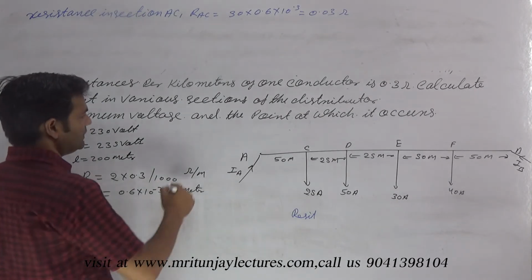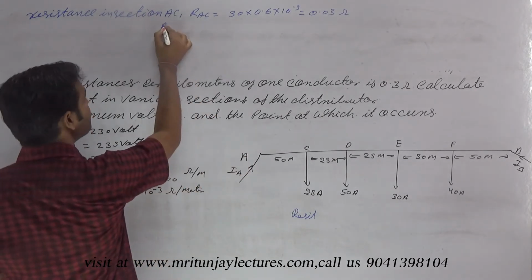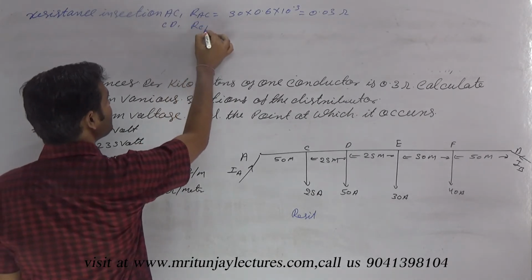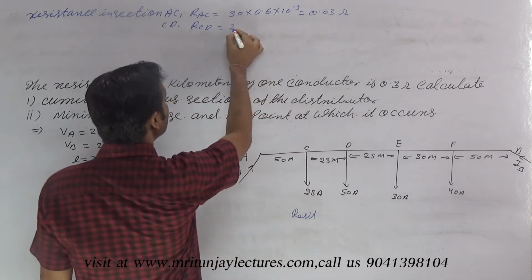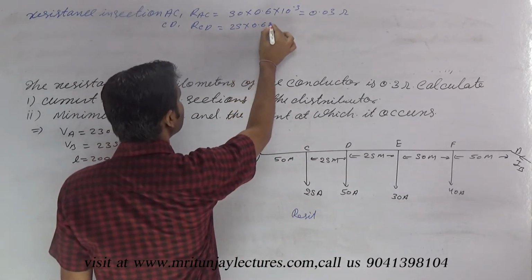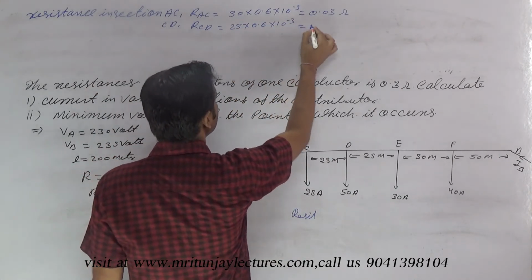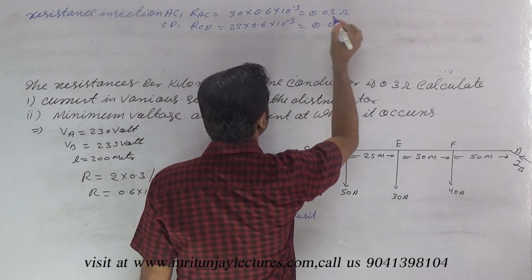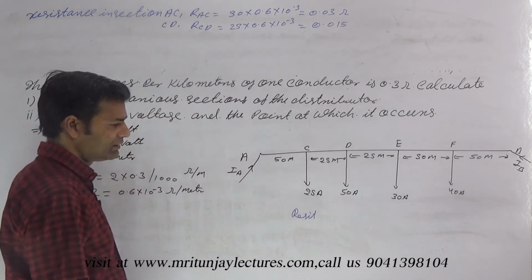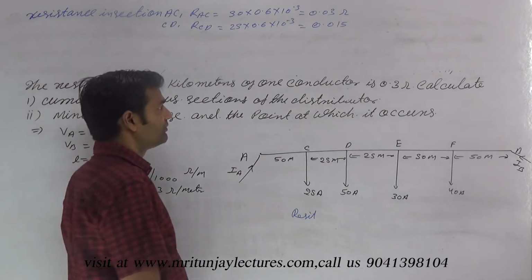Now in section CD, R of CD is 25 into 0.6 into 10 to the power minus 3, that is 0.015 ohm.